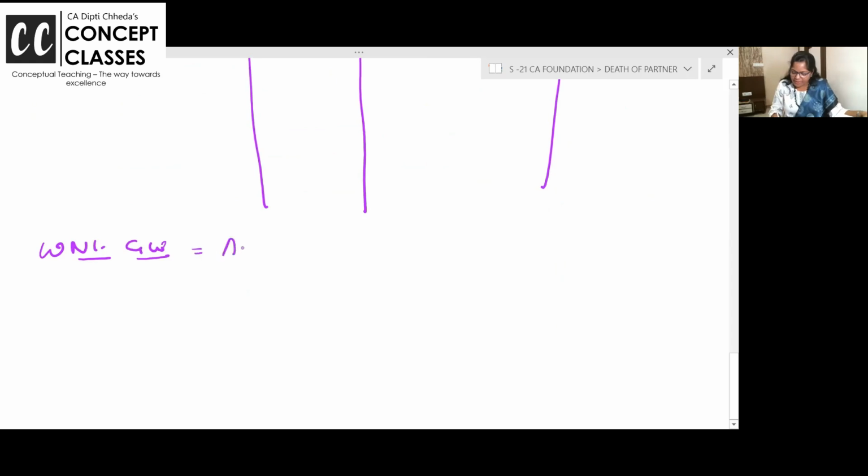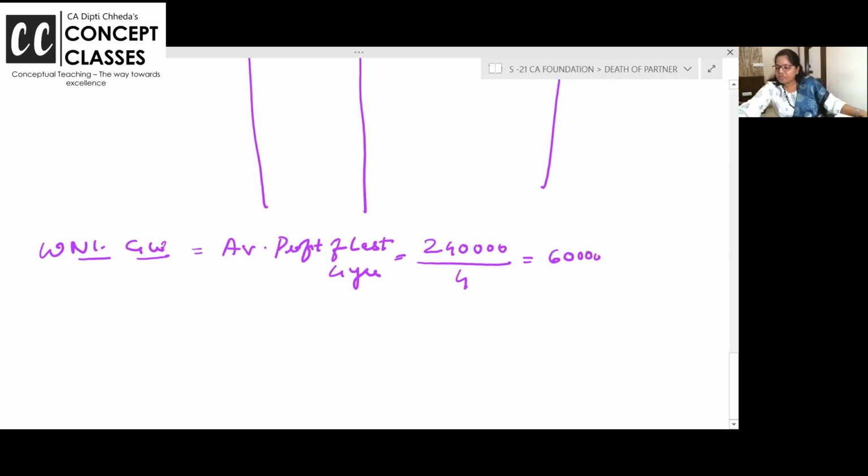So first, can we calculate the average profit of the last 4 years? 55,000 plus 50,000 plus 60,000 plus 75,000 is 2,40,000. Last 4 years profit divided by 4. 60,000 is the average profit.